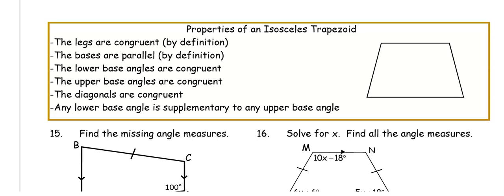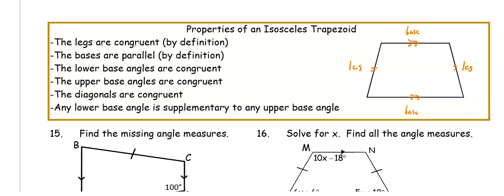So in an isosceles trapezoid, your legs are congruent. The bases, the other two sides, are going to be parallel. So you don't have them both congruent and parallel like you do in a parallelogram. So that's a big difference. A trapezoid only has one set of parallel sides.